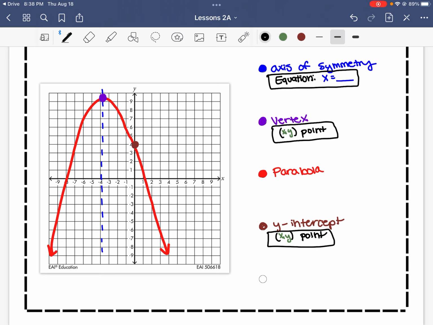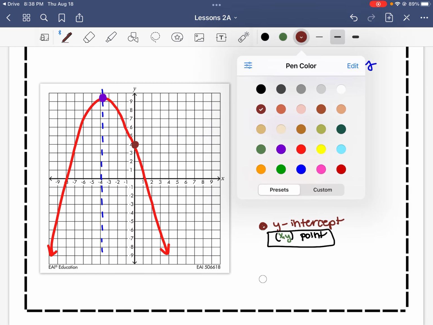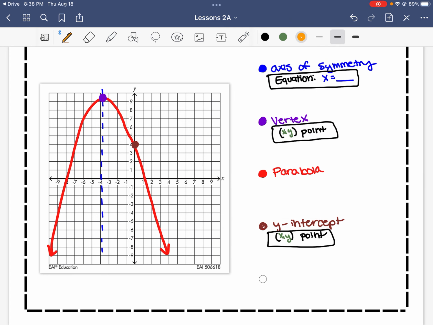The last feature of our parabola is something called the roots. Oh, let me choose a different color. So our roots are where they are crossing with the x-axis, which we are here. So to recap, our x-axis is right here. So anywhere that our parabola is touching it will be called the roots.